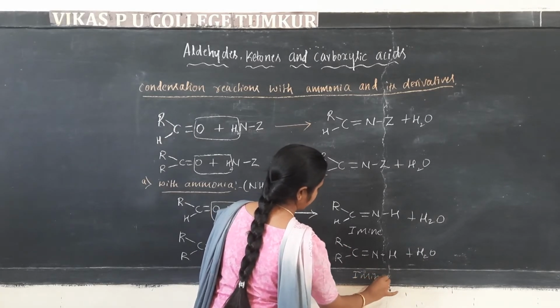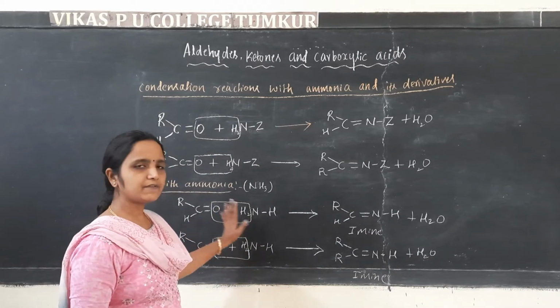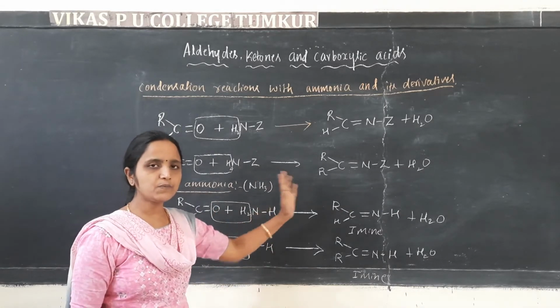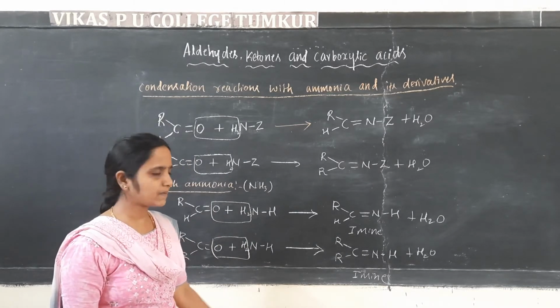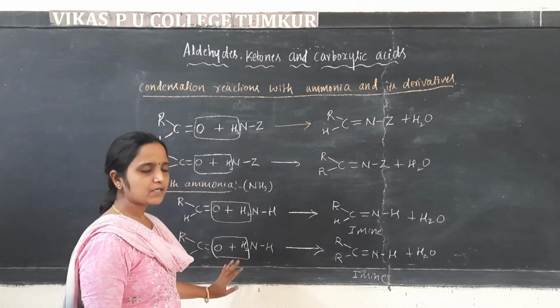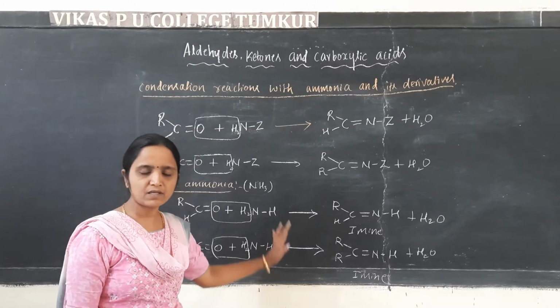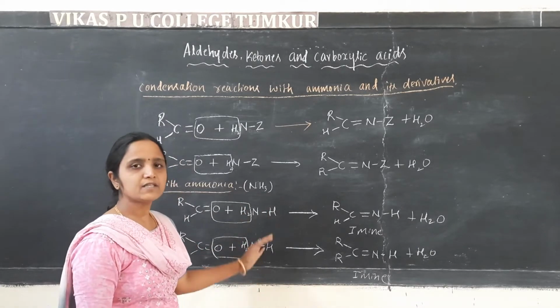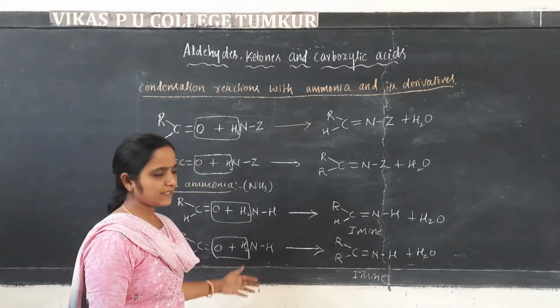Here the aldehyde or ketones react with ammonia to form the respective imines. You should keep that in mind. These are important reactions only. Whatever we are discussing in this class, all are important reactions only. In previous years, questions were asked based on this topic.